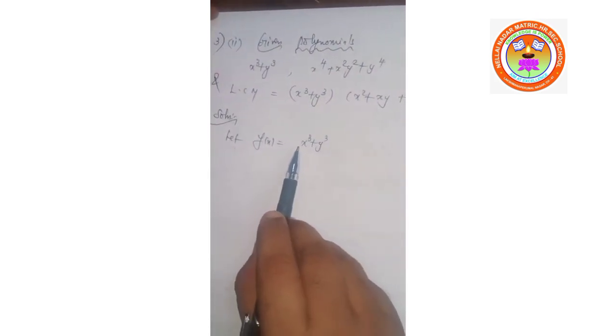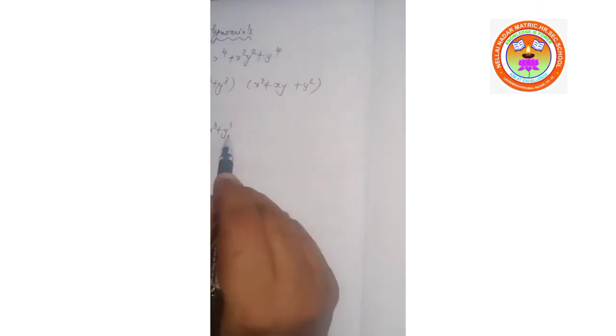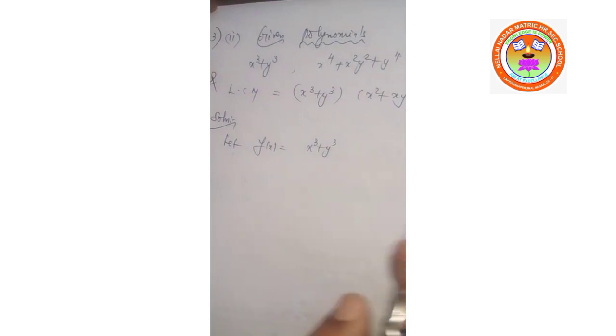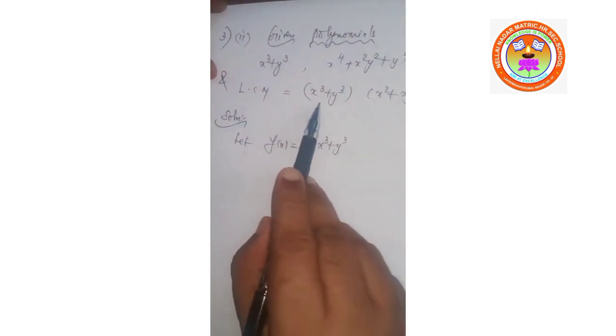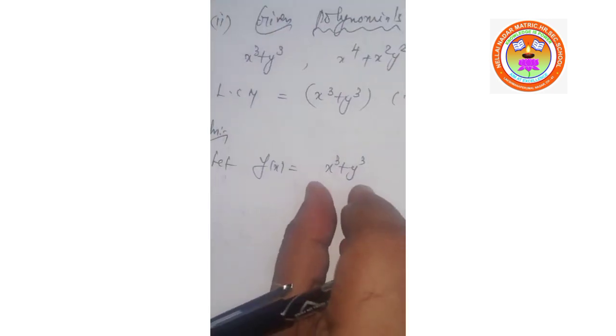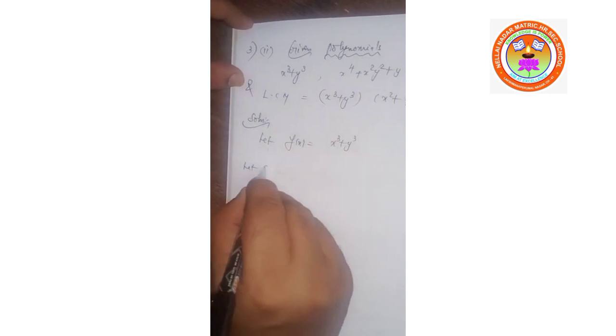Generally, we factorize x cube plus y cube with the help of the identity a cube plus b cube. Here, no need to factorize. Reason, the same term is in the LCM. Correct? Both get cancelled directly. So, you need not factorize. Write as it is.